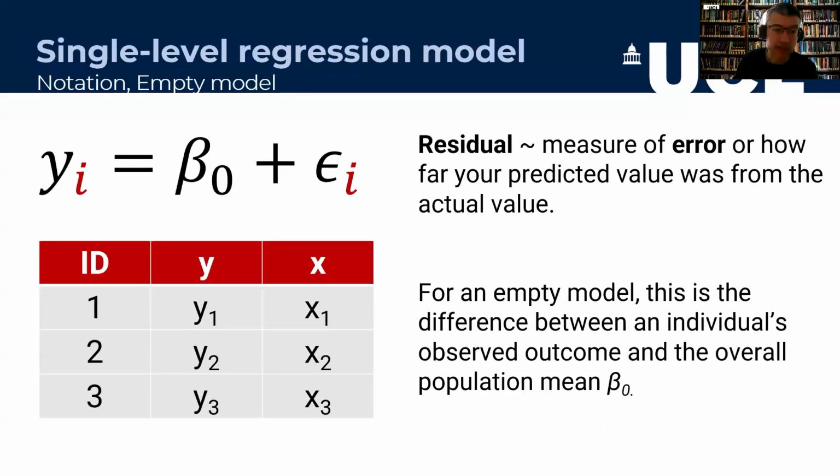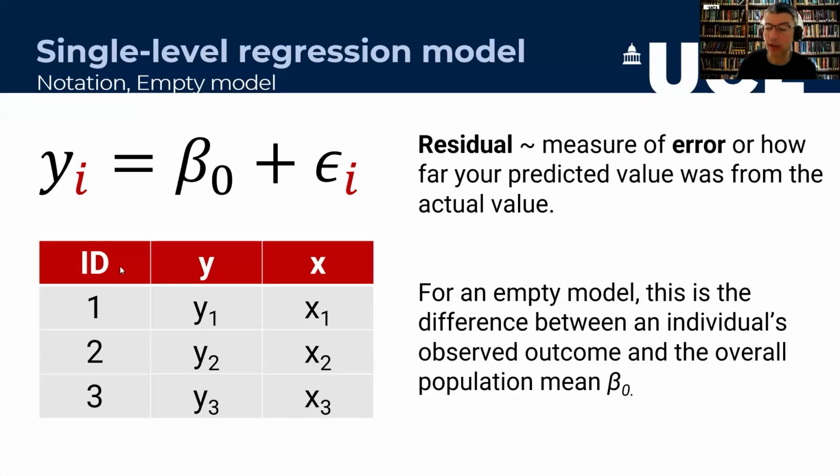So if we apply this concept of the variance to a simple, single-level regression model, let's assume that we have an empty model, where we don't have any x, so there is no explanatory variable here, and we're just looking at the structure of the data set.